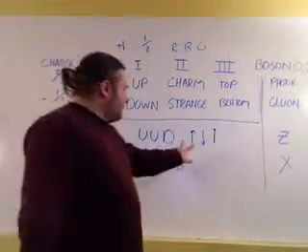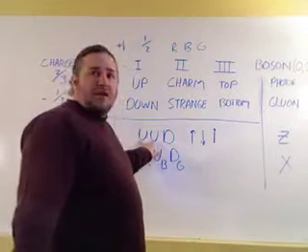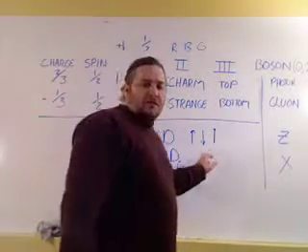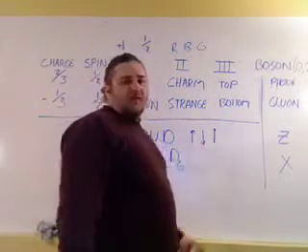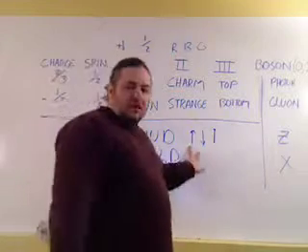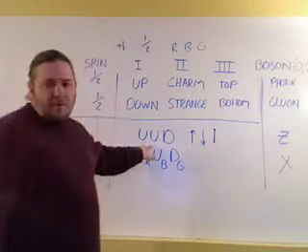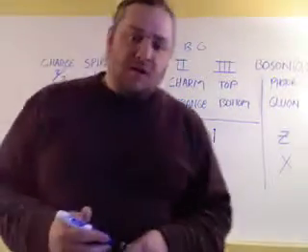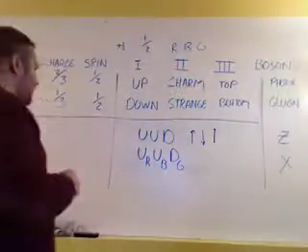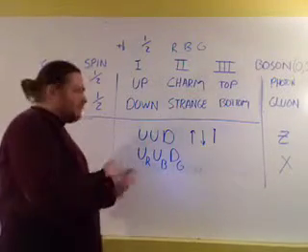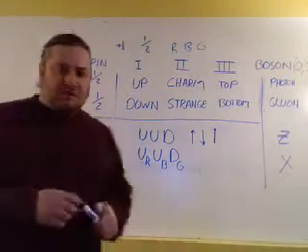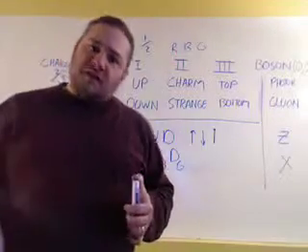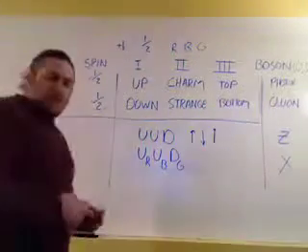So I have the spin configurations for my up and my up, and I have my color configurations for my up and my down. So now I've created a particle called a proton that doesn't violate Pauli's exclusion principle. Does that make sense? So that's how you make a proton.